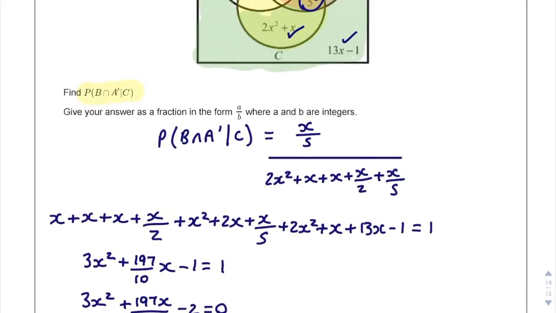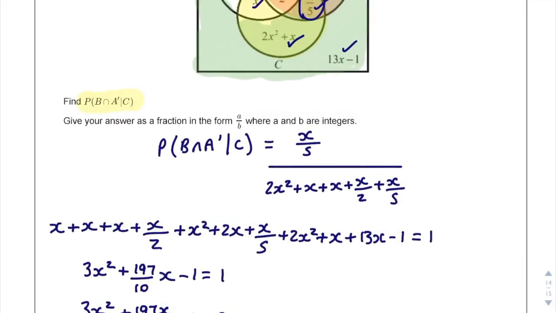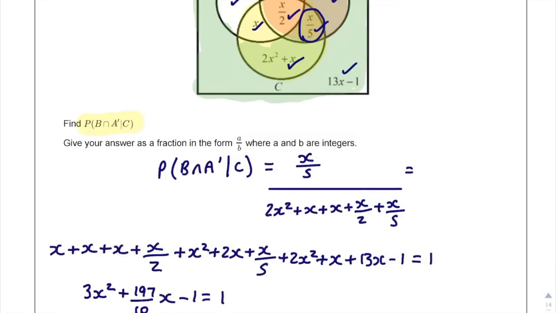So now we need to go back to our formula for our probability, and we need to replace x with 1/10. It's going to get a bit messy, so we're going to have 1/10. Now, rather than dividing that by 5, I can just multiply that by 1/5. That's all divided by 2 times 1/10 squared plus 1/10 plus 1/10 plus 1/20 plus 1/50.